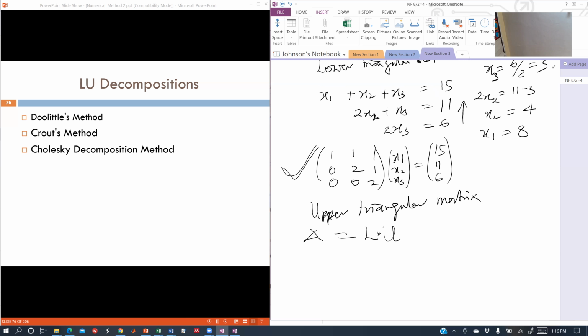So comes in the method called LU decomposition.